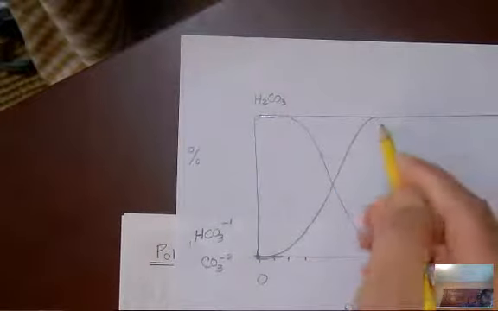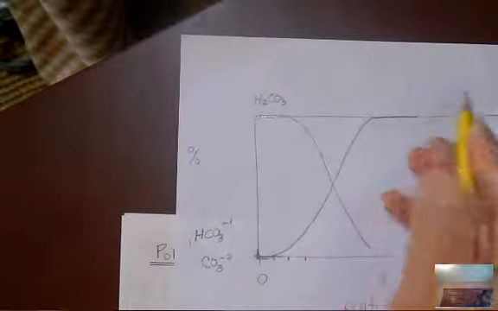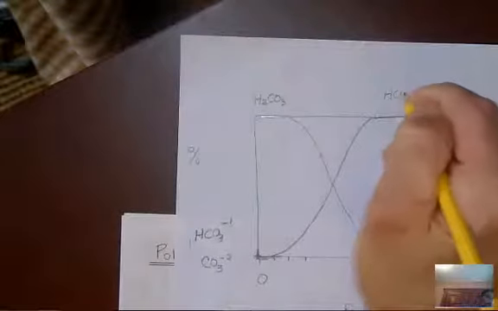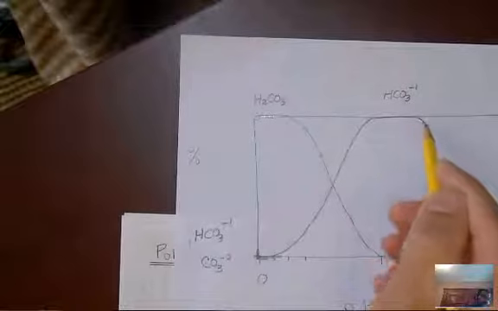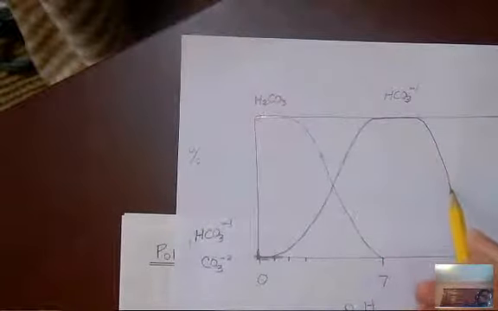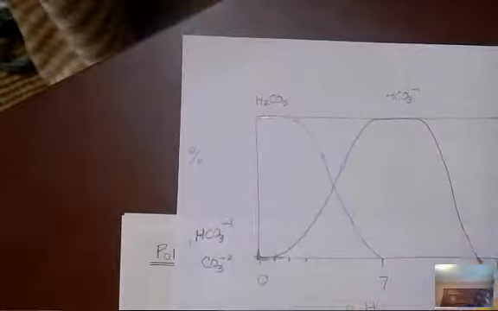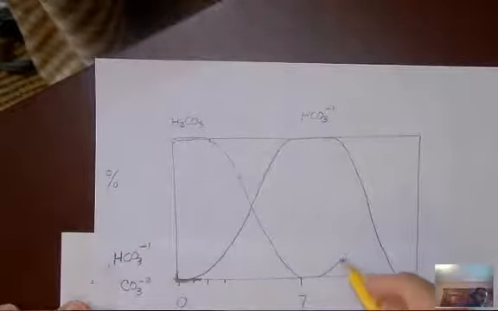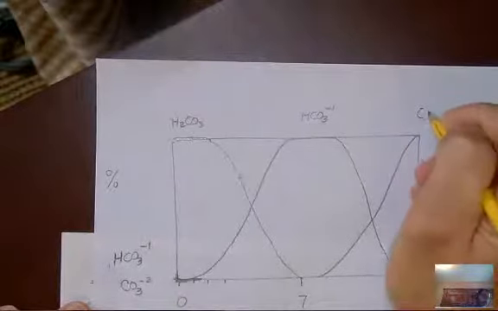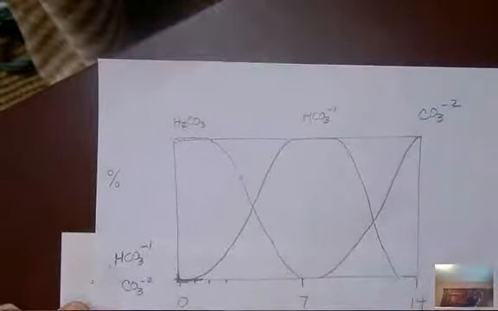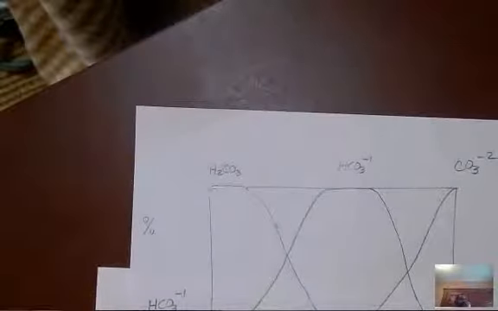So at intermediate pHs, I'm going to have mostly that intermediate piece. And then when I get to very high pHs, this one's going to drop down to 0, and my carbonate's going to come up. So this would be mine. Now this is not supposed to be a perfect diagram. These numbers are going to move around a little bit.